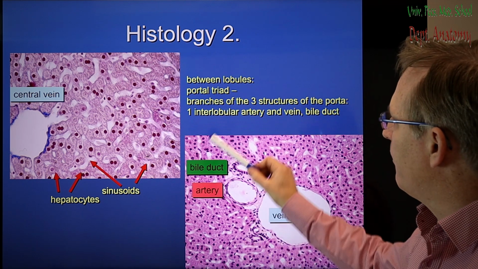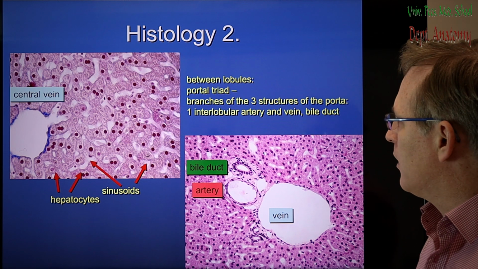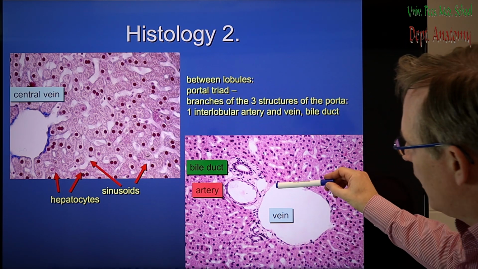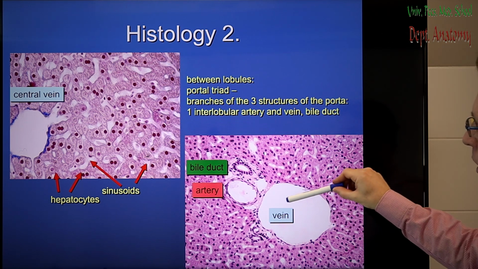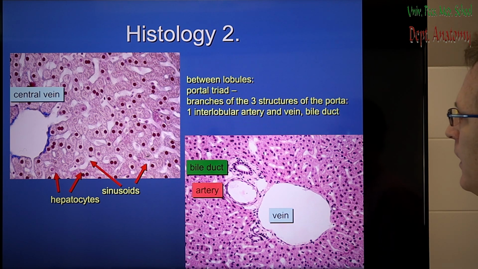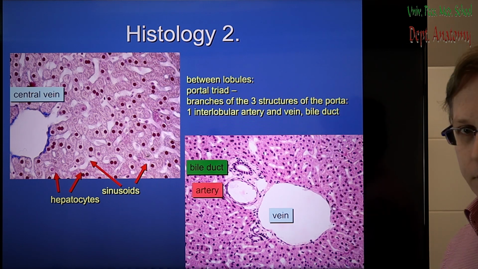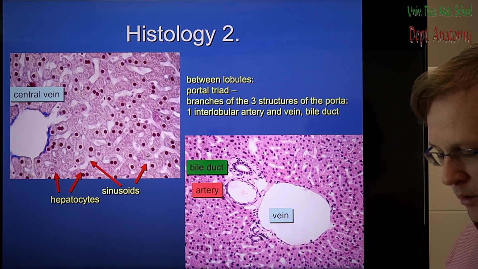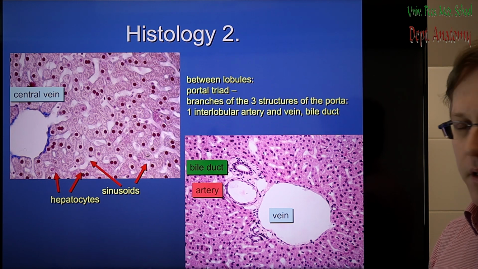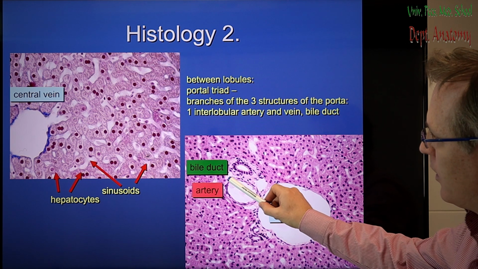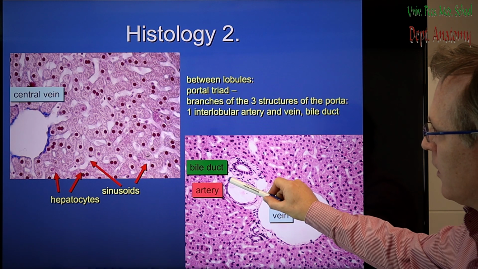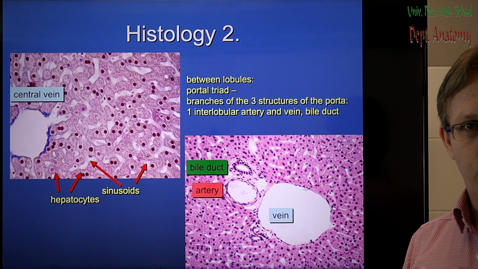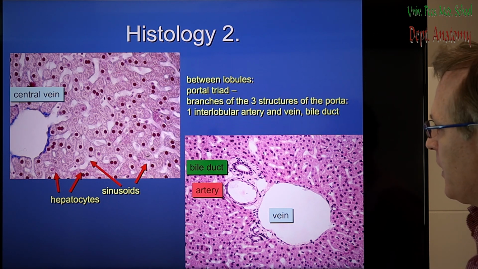So after this name, the portal triad will contain 3 different structures. The biggest structure in the portal triad is called interlobular vein. Interlobular vein belongs to the hepatic portal venous system. The smaller structure in the portal triad is called interlobular artery, and belongs to the proper hepatic arterial system.